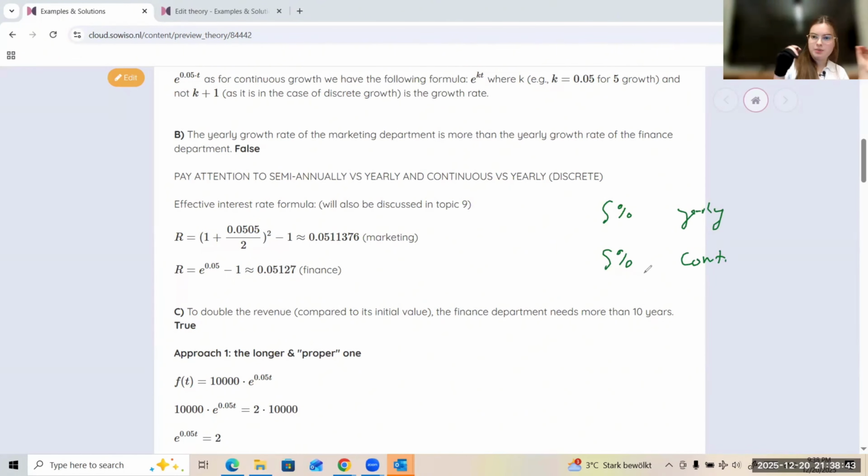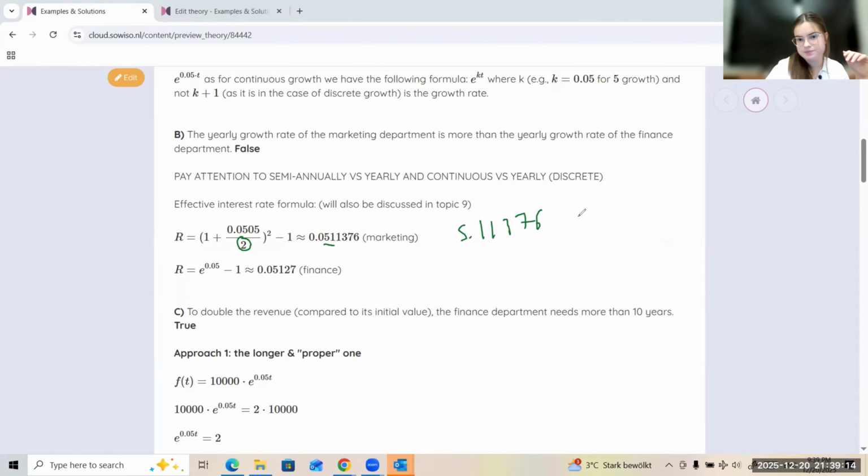But here we're careful with semi-annual, continuous, and different growth rates, because here's 5%, here's 5.05%. So whenever you're counting for how often it compounds, you divide the percentage by how often it compounds. If it's semi-annual, it's 2, and you also put it to the power of 2, and then minus 1. So it just gives you the percentage by how much it grows. In our case, for marketing, it's around 5.11316% of growth yearly.